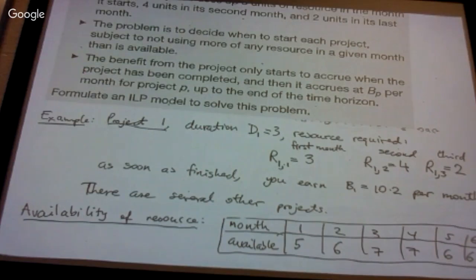So in a typical real life situation, this is just simplified so we can actually solve it. In a typical real life situation, you won't have just one type of resource, you might have many different types of resources, because it's people, some machines, other machines, I don't know what, depending on what kind of project it is. Okay? And then you would have this availability for each of those resources separately, and also these requirements for each of those resources separately.